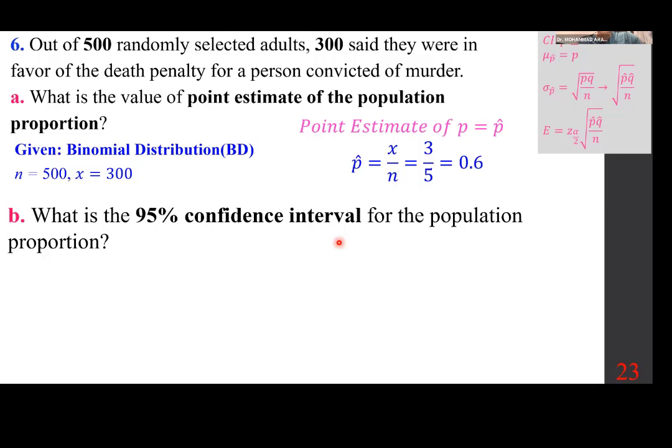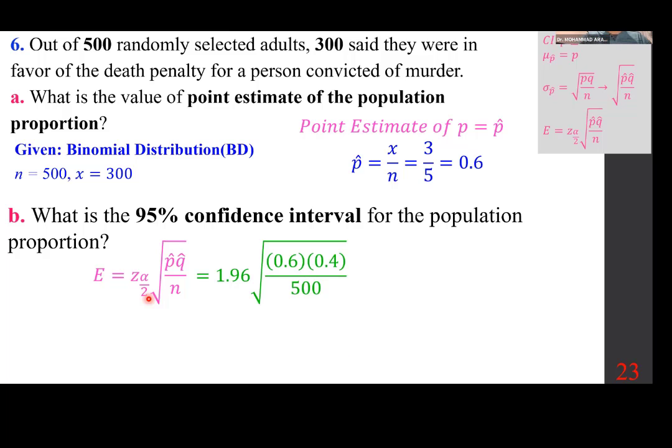So that being the case, we are going to calculate this for a 95% confidence interval. We need the value of Z, and as you may remember, it's a common one, 1.96. And needless to say, when P hat is 0.6, Q hat is 1 minus that. So we calculate this, and we add and subtract this number from P hat.